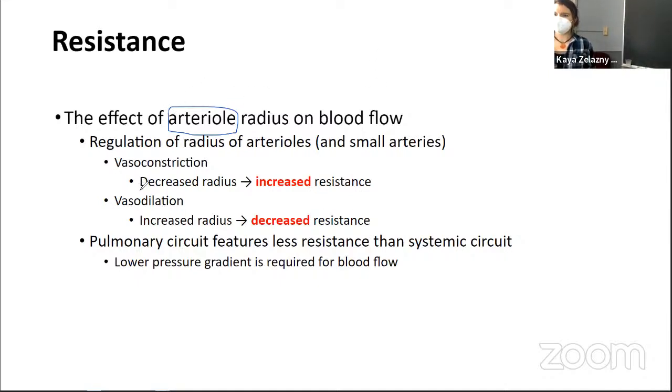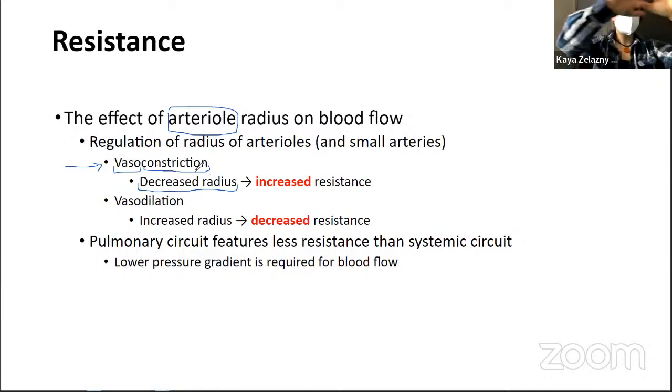So if we decrease the radius, right, so we have a smaller arteriole, a smaller tube, we call that vasoconstriction. Vaso for vasculature, constriction for the fact that we're squeezing it tighter, squeezing it smaller.